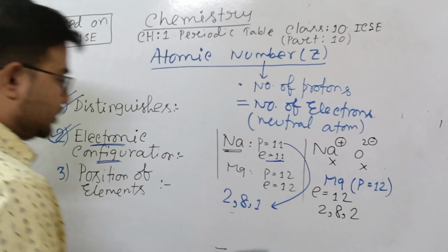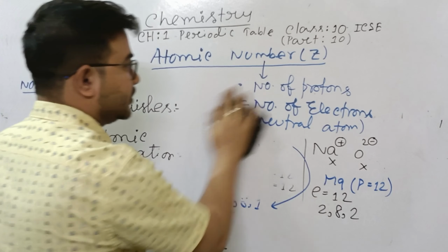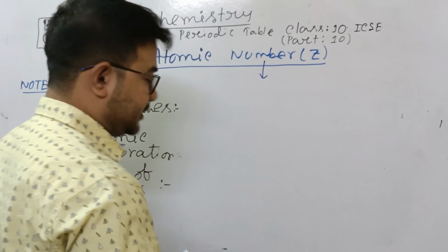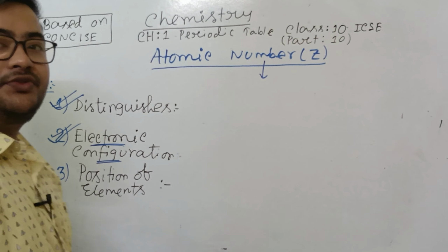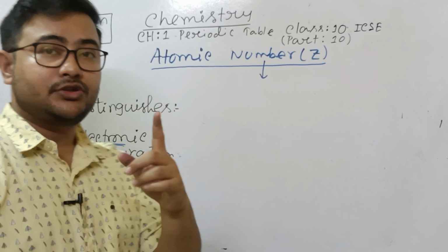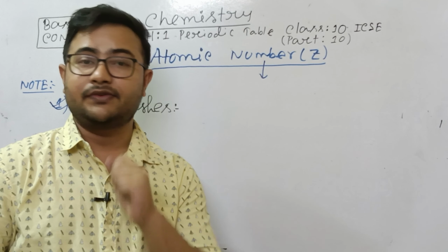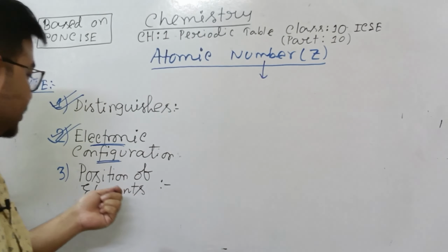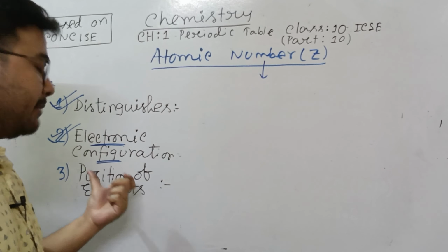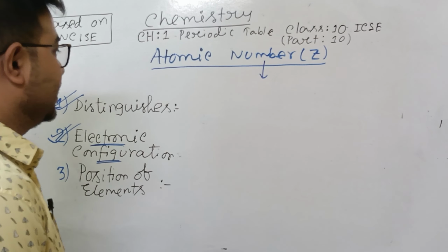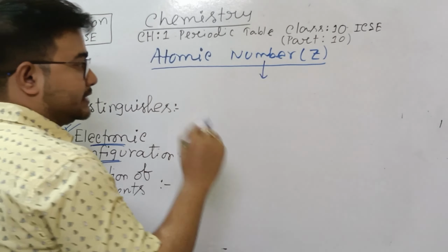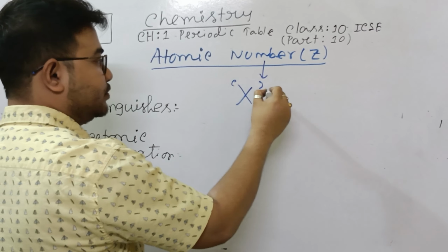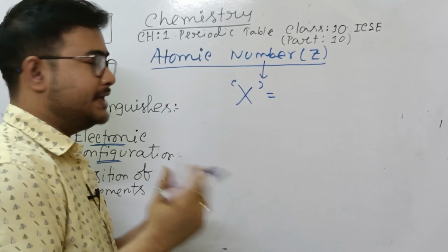Okay, now the third point. The third point is very, very important for your board examination. Position of the element. Even this concept is also important for class 11. But for our ICSE class 10, one question will definitely come in Section A about the position of the element. Okay, what is the position of the element? Suppose consider an atom X. I do not know what atom X is, maybe any atom.